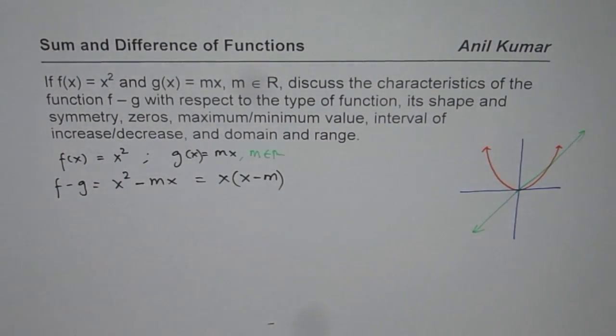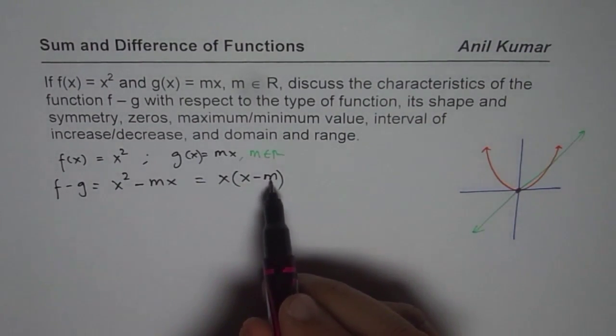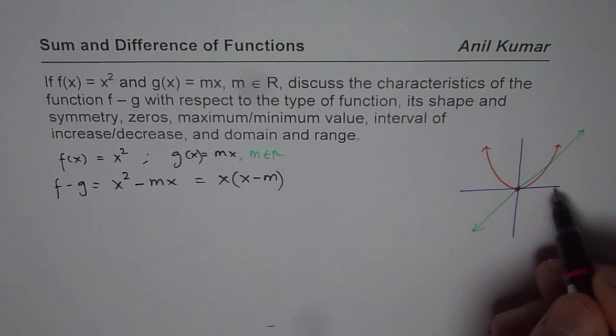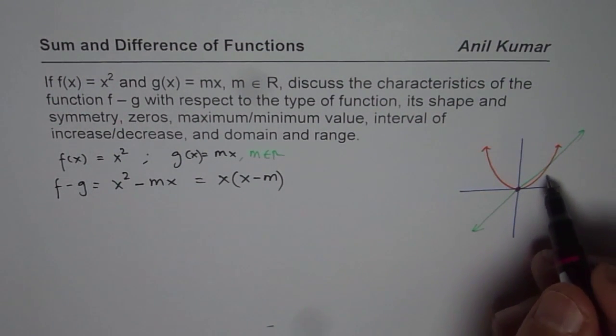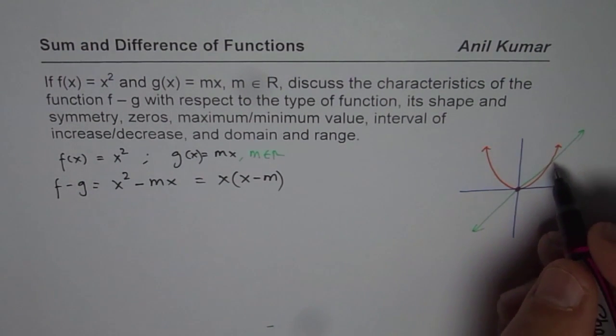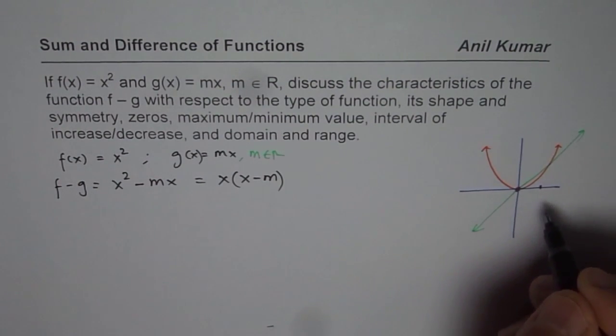So in the factored form, the combination of these two functions will always have a zero at 0 and the other one will be at m, depending on the slope of this line. If the slope is higher, this point will be further away. You understand, right? So if the slope is 1, for example, in that case it will be somewhere here, right? So that is how it is going to be, right?